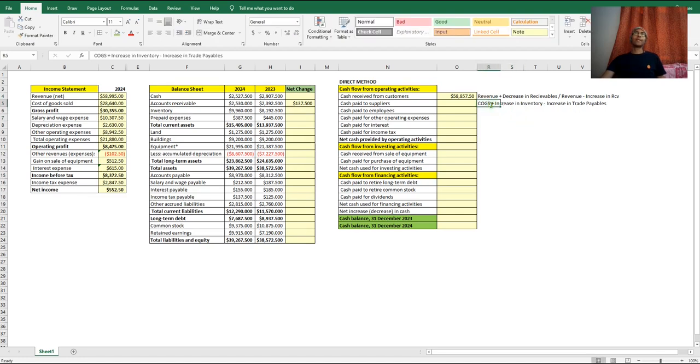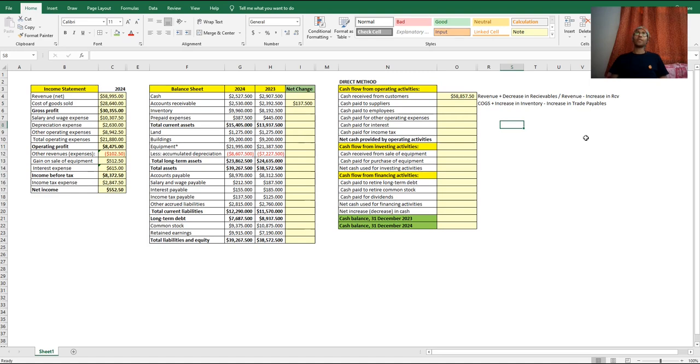Now this basically can be written in another way also. COGS minus decrease in inventory plus decrease in trade payables, or COGS plus increase in inventory plus decrease in trade payables. So if it's a decrease in inventory, then it gets subtracted. If it's a decrease in trade payables, it gets added.